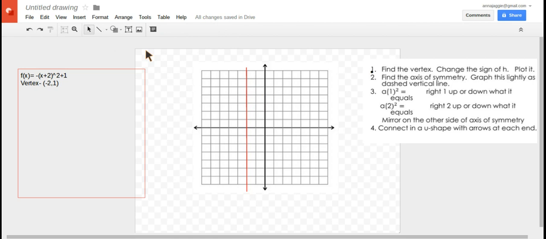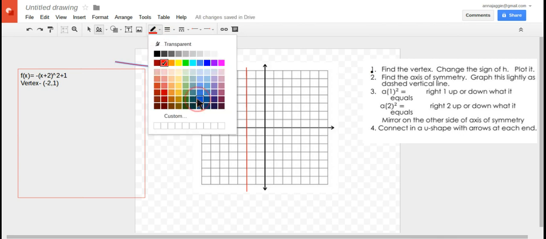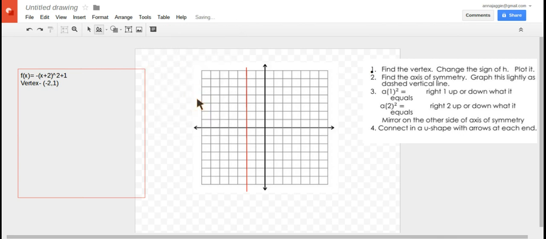So our next thing to do is, we already have our axis of symmetry. Now we're going to plot points. But the first thing that we need to do is plot our vertex. So I'm going to go to scribble and make it a new color, because who doesn't like new colors?